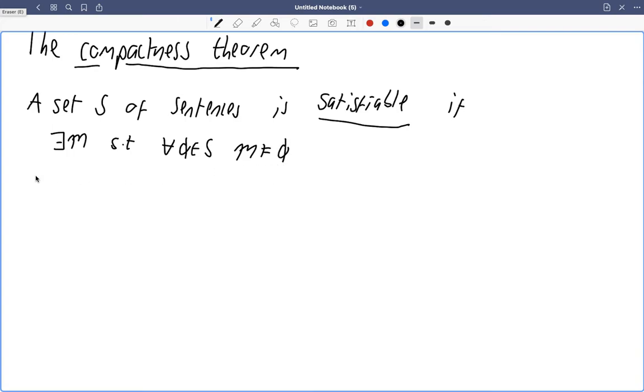So basically, it's like saying the set of sentences has a model, some structure that satisfies all the sentences.